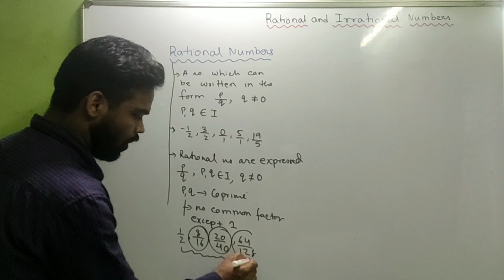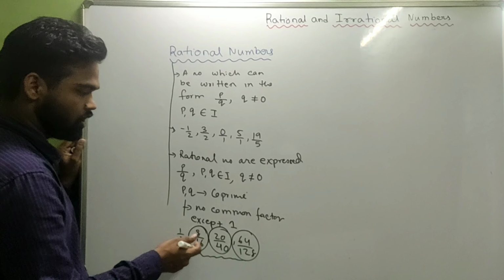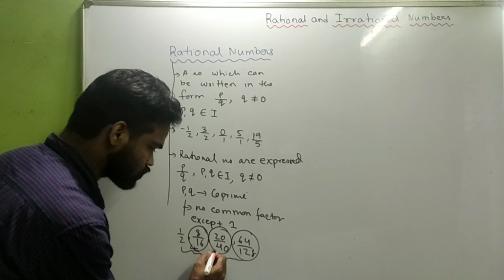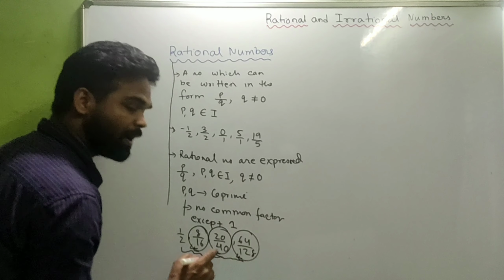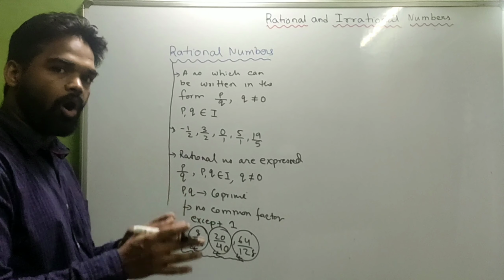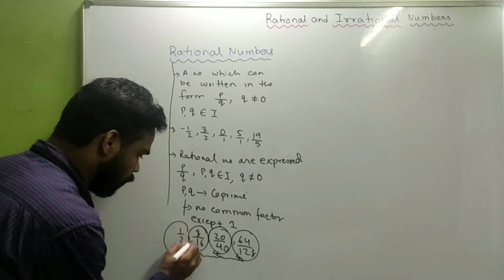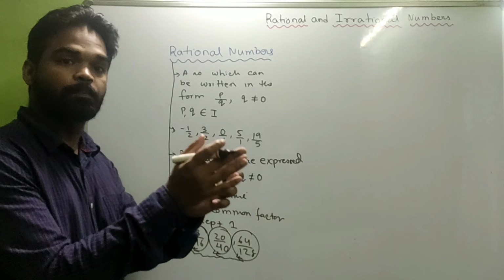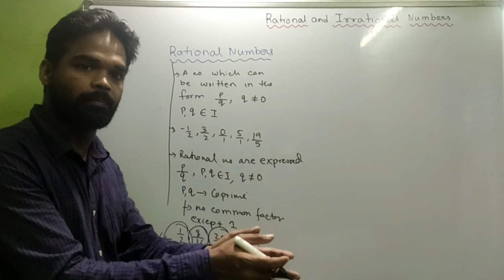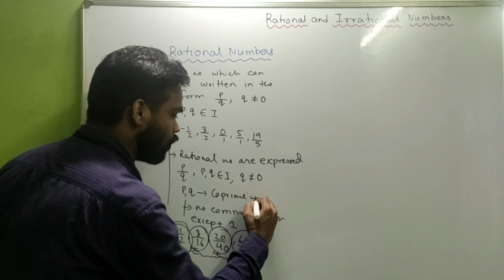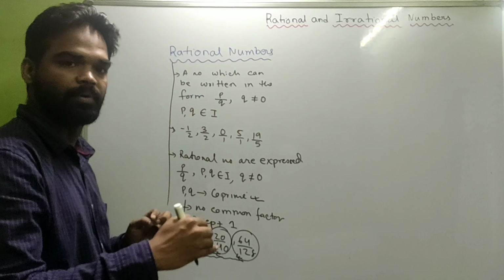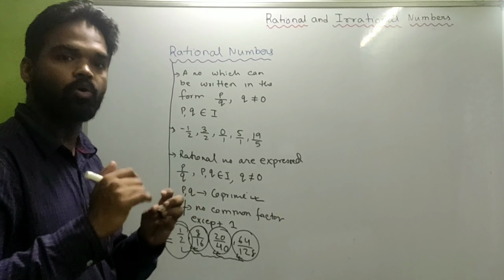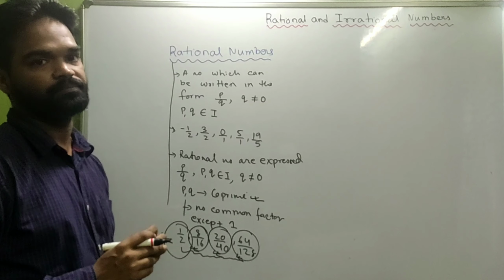These are all equivalent rational numbers, which means 8 by 16, 20 by 40, 64 by 128 are all expressed as 1 by 2 on the number line. So whenever you are expressing a rational number, see that the numerator and the denominator, p and q, are co-prime to each other. They have no common factor except 1.